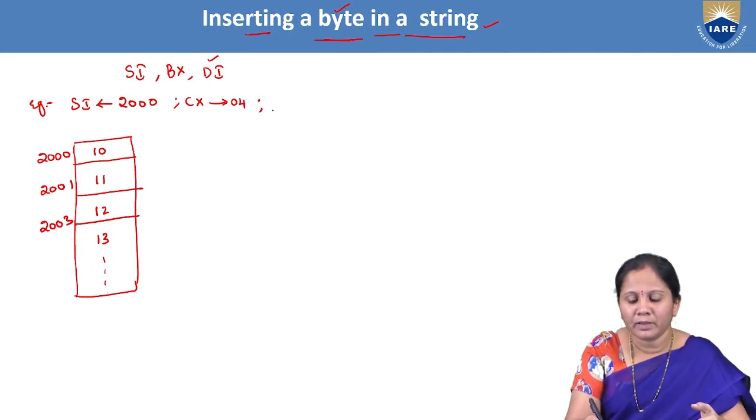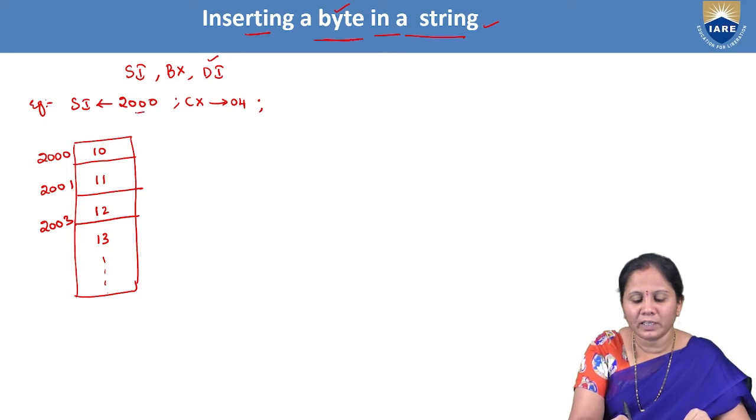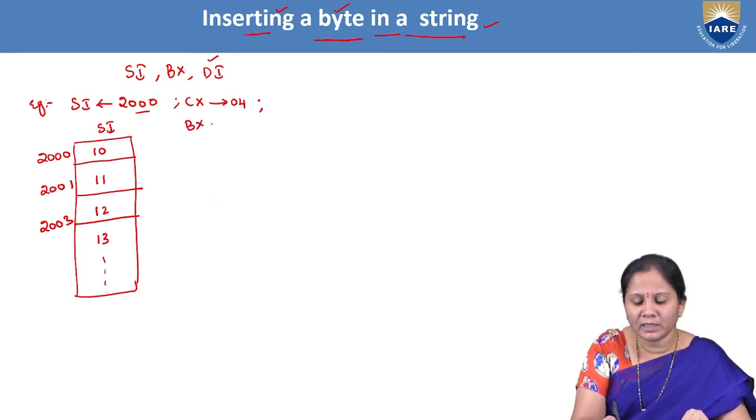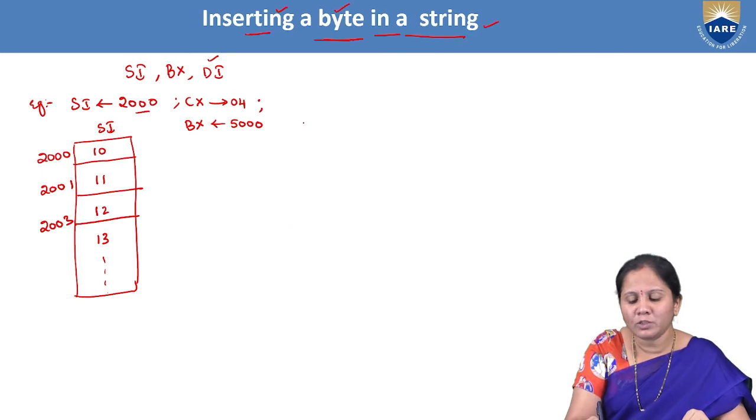Now, after taking the inputs in the location 2000, in order to insert a byte in a string, we have to take another register which is called BX. BX is a base register. So here we can take this BX register with a value 5000. And also we need to take the BX register with another location 7000.